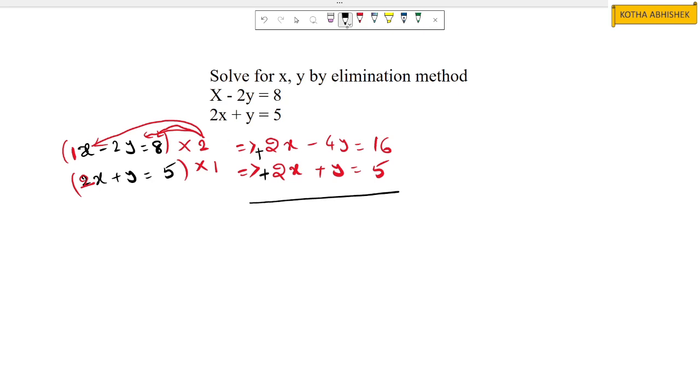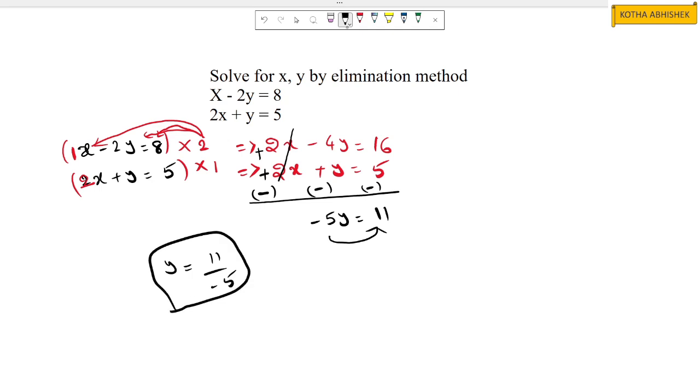When we are doing subtraction, all the second equation's signs will change. So plus 2x becomes minus 2x, plus y becomes minus y, plus 5 becomes minus 5. Plus 2x minus 2x cancel, minus 4y minus y is minus 5y equals 16 minus 5, 11. So taking minus 5 to the other side, y equals 11 divided by minus 5. So we got the y value.